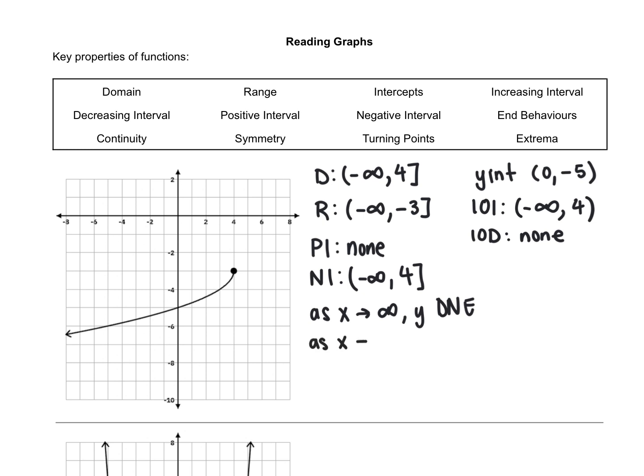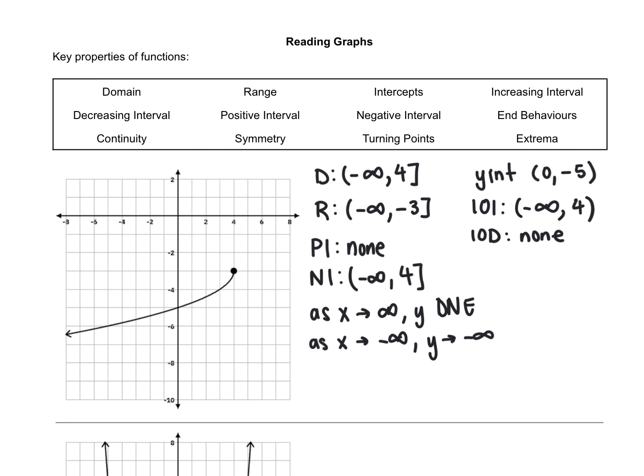As x approaches negative infinity, so as I follow my function towards the left and I get closer and closer to negative 10, negative 100, and so on, I'm going to negative infinity, my y values are becoming more and more negative, which means y approaches negative infinity as well.